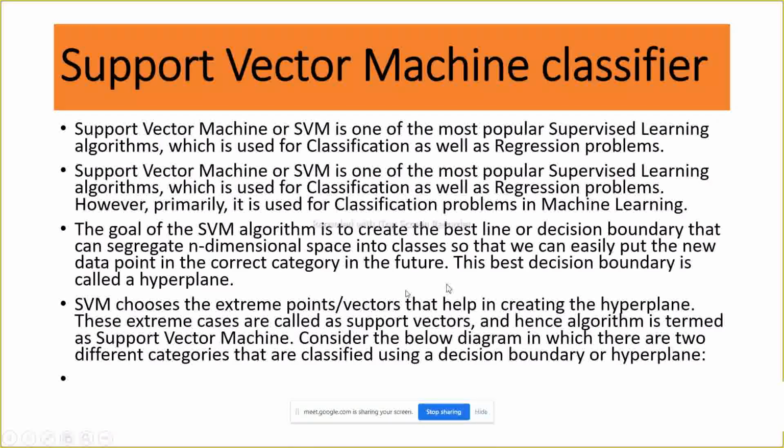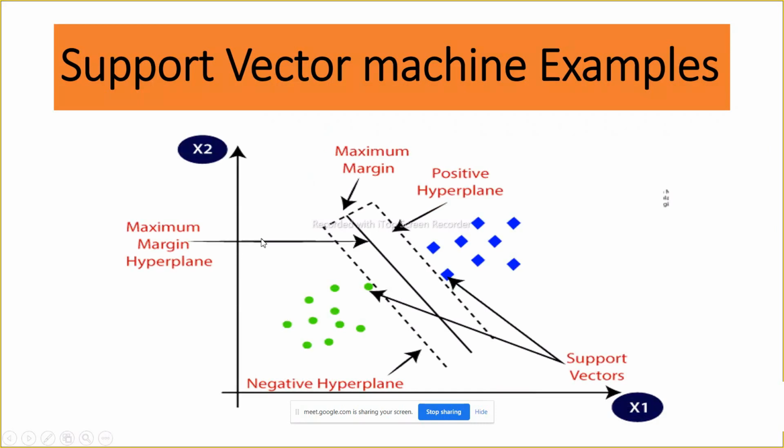The best decision boundary is called the hyperplane. You can see this is the hyperplane, one side for the water and the other side for the built-up area. And this is called the maximum margin.